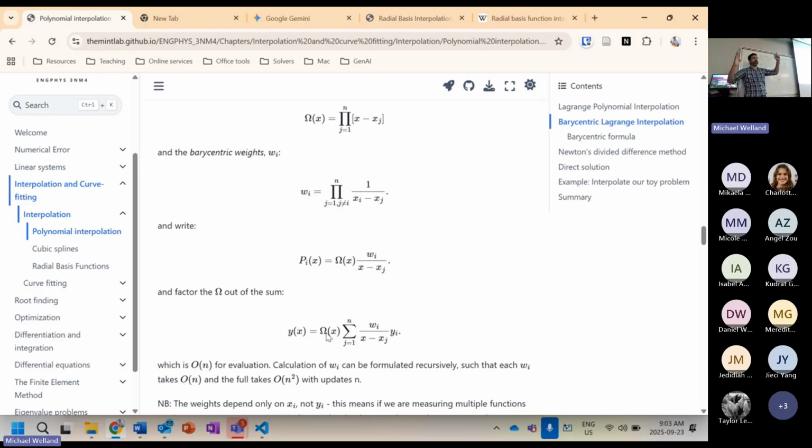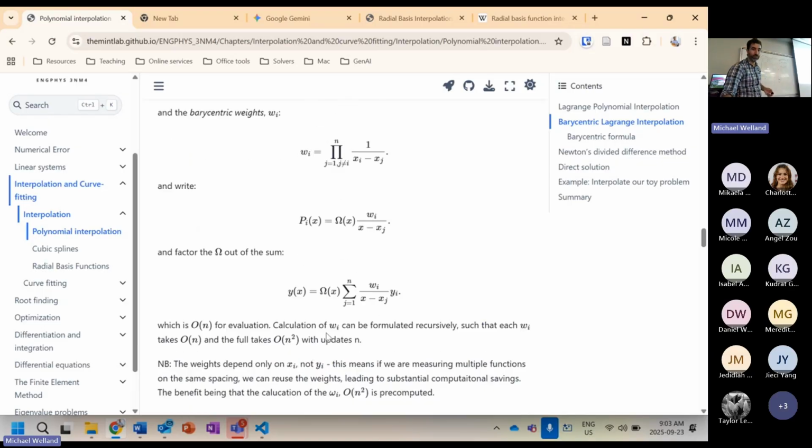It's taking your common terms and pulling them out so that you only have to evaluate them once. Why would you do that? It's because once you've computed everything, all you have to do is order n to evaluate it. So instead of n squared, from just reorganizing these terms, we've already gained one order of n here.